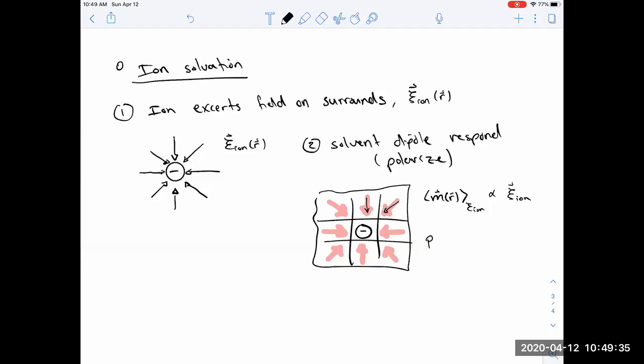That means that the constant of proportionality between the generated dipole in any one of these cells is not just what it would be in one cell, but is some complicated function of what a single cell would do and how that satisfies the interactions between all of the other cells.